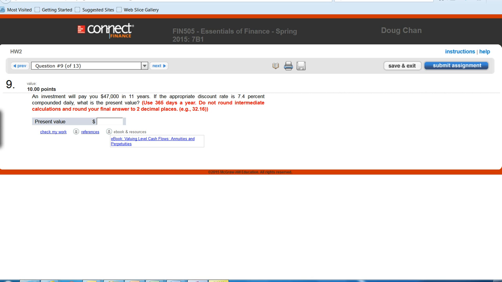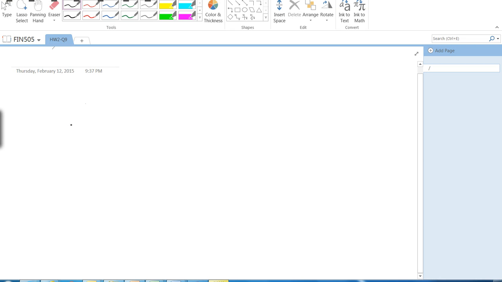So obviously we can use the formula: present value equals future value at time t times 1 plus interest rate, raised to the power of negative t.